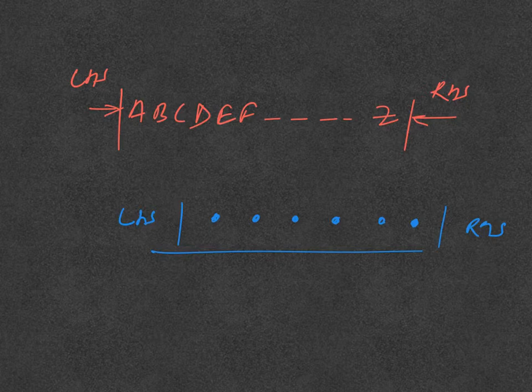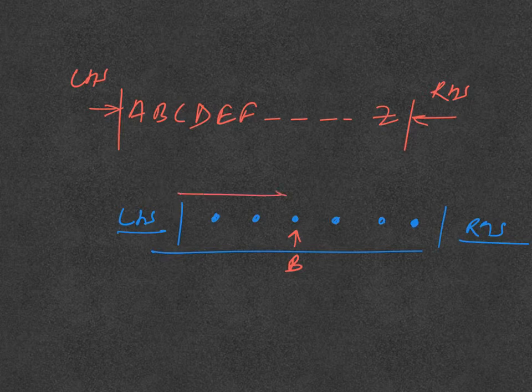Now every boy has a position from either side, from the left hand side as well as from the right hand side. So if I consider this boy, the name of the boy is B. His position from the left hand side is 1, 2, 3.